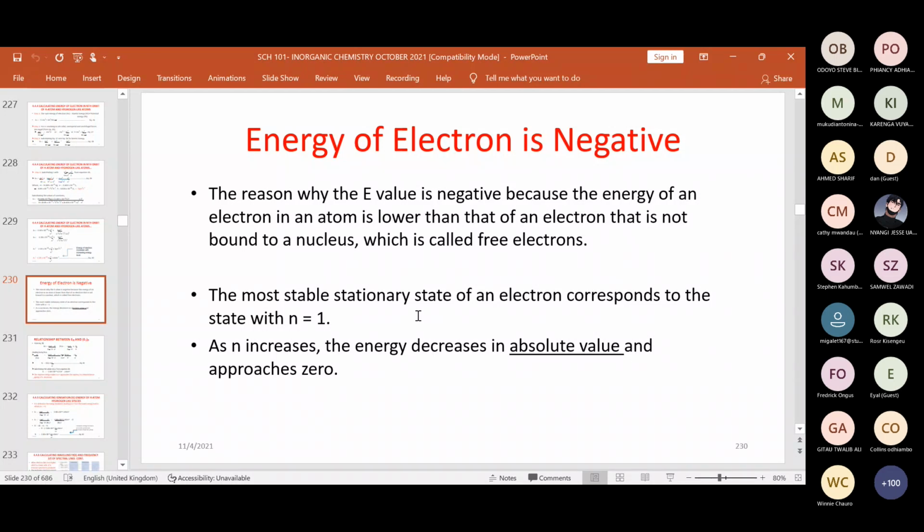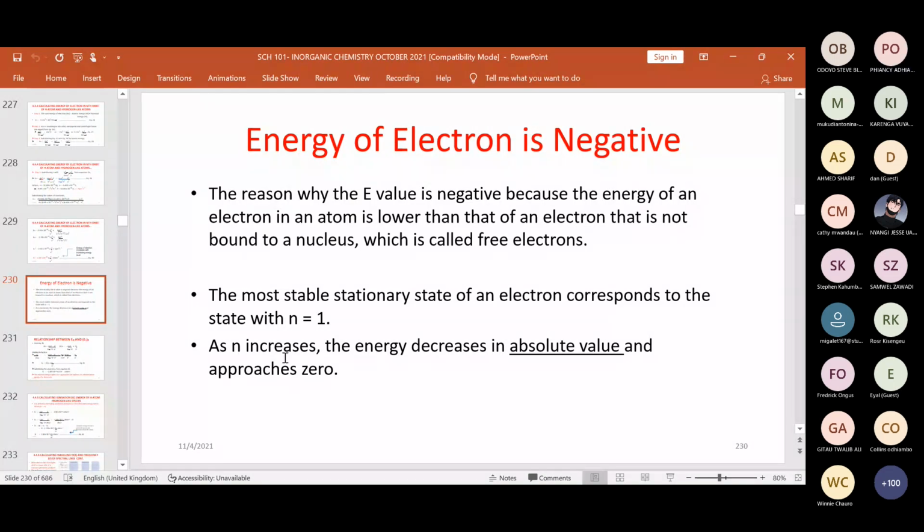That is the most stable state for hydrogen. Then as the electron gains more energy, it goes to n equal to 2, 3, 4, and so on, depending on the amount of energy it has absorbed. But those will be unstable or excited states.